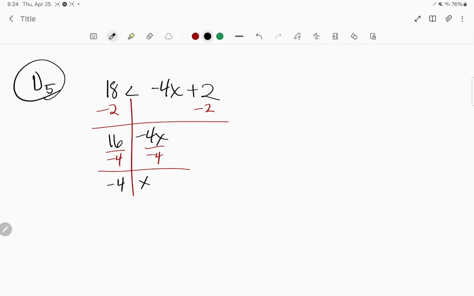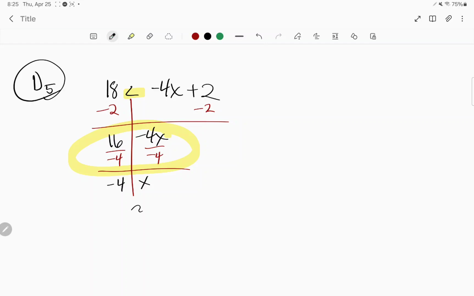And when I look at this one, I look through my steps. The first thing I do is subtract 2 from each side, and that gives me 16 is equal to negative 4x. Then I divide each side by negative 4, and that gets me negative 4 is equal to x. But remember right here, I divided by a negative, so I know I'm going to have to flip my sign.